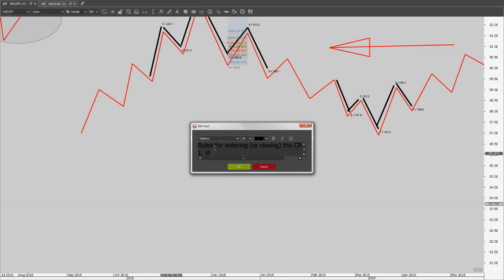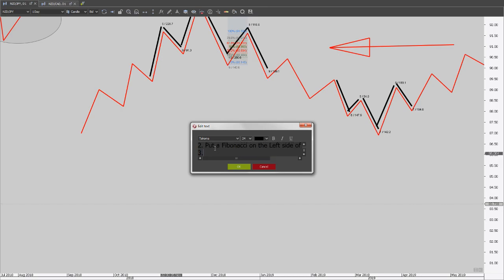Okay, those are the rules. Number 1, wait for the market to close the center tip. Number 2, put a Fibonacci on the left side of the center tip.